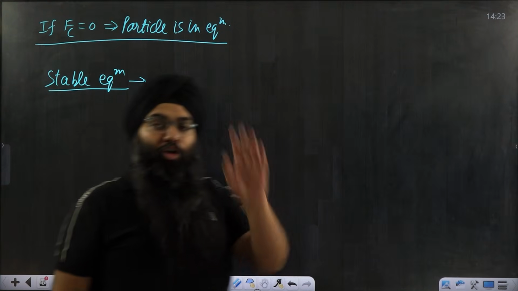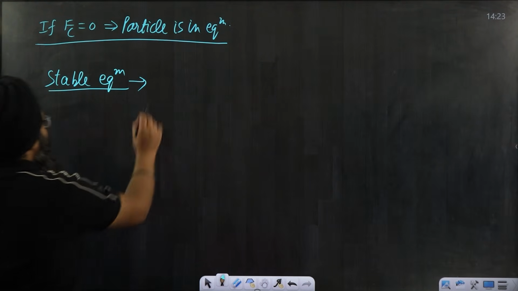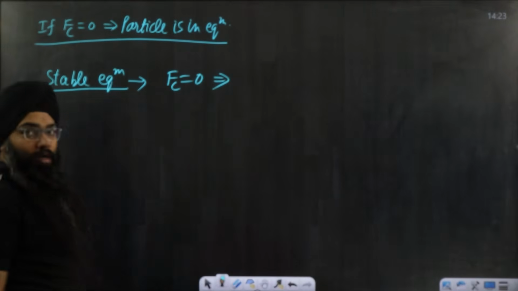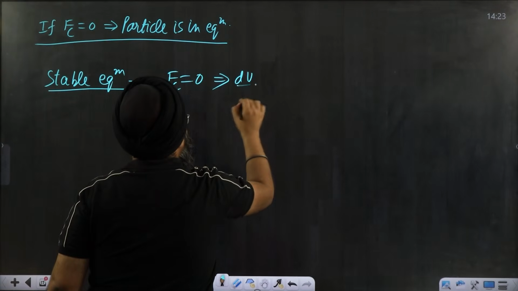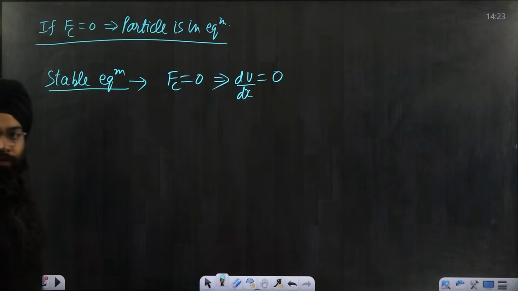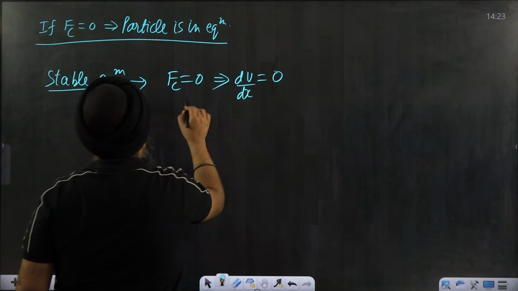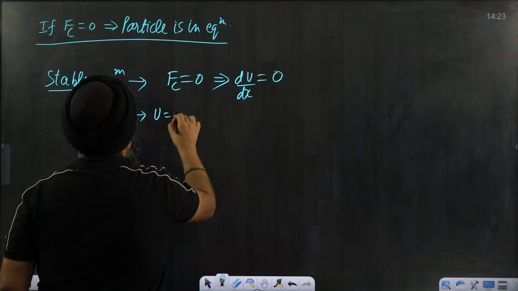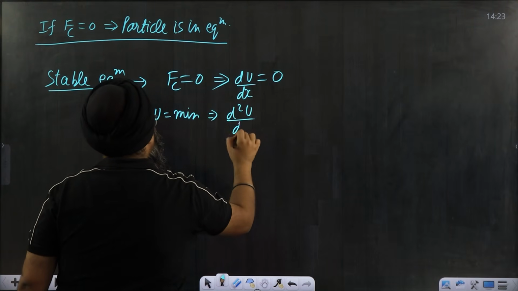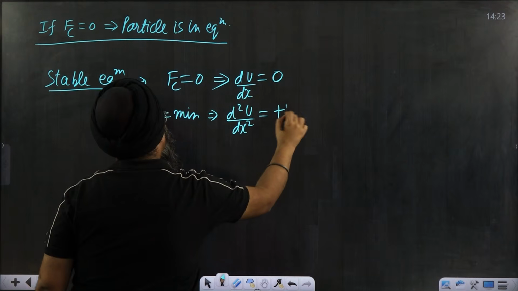That is called stable equilibrium. So if the particle is in stable equilibrium, conservative force will be 0. This implies dU by dx will also be 0 because force is minus dU by dx.